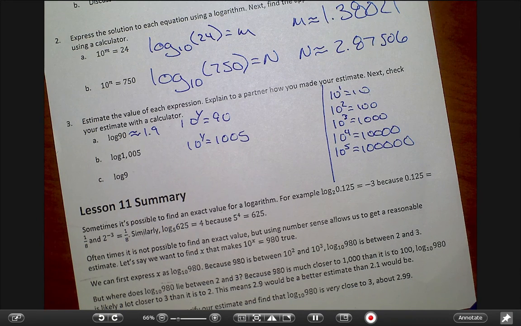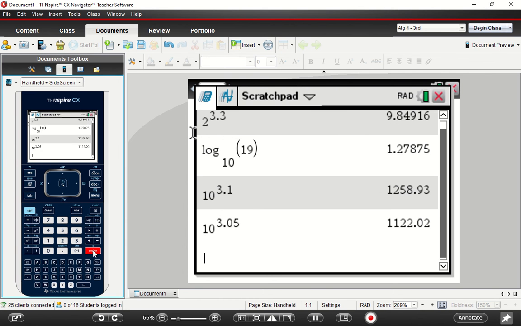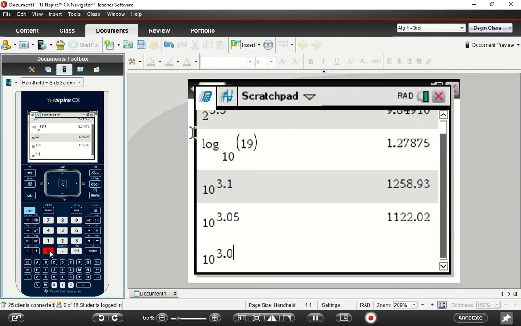That's why I was asking if he was putting it in the calculator. So it's 10 raised to the 3.1. That's way big, right? Let's try it again. 10 raised to the 3.05? Oof, right? 3.01. Oh, you know what? It's 4.005.